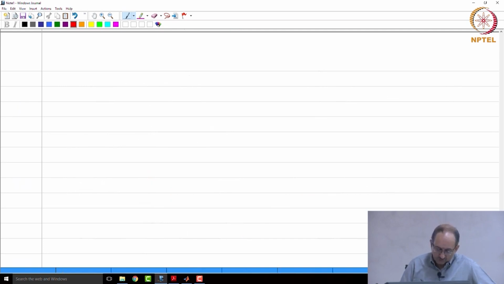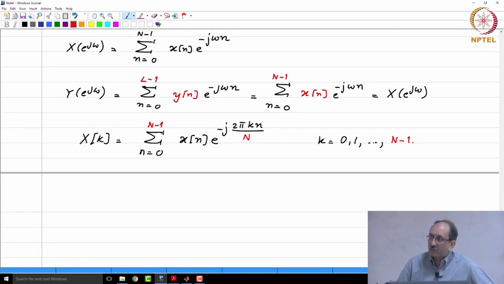So the situation here is we have an n point sequence x of n, and we have computed its n point transform.